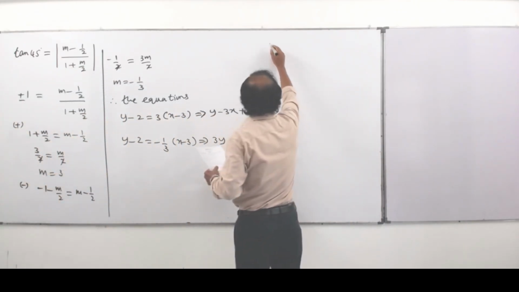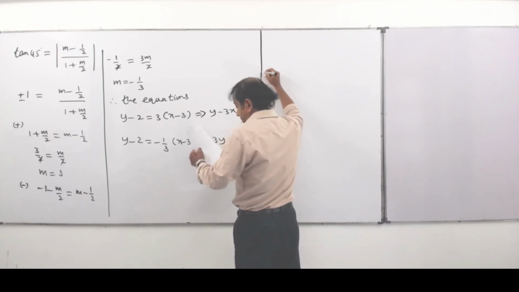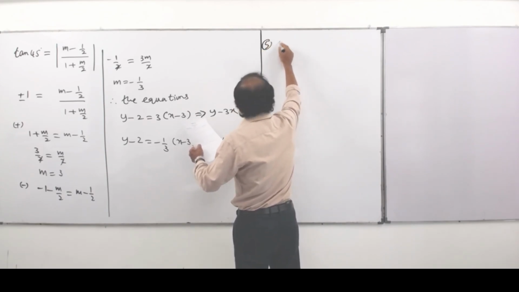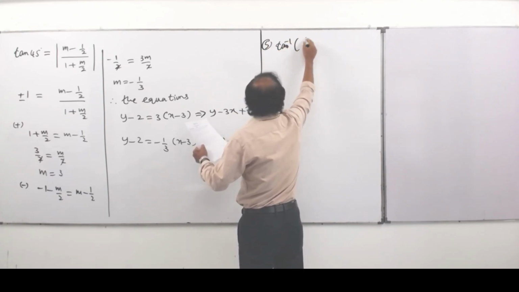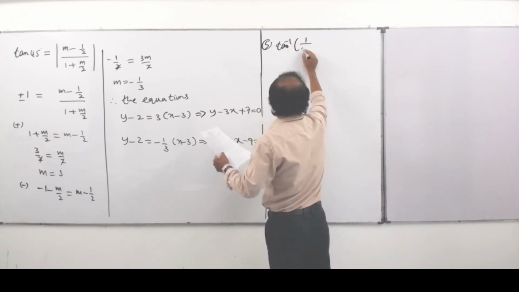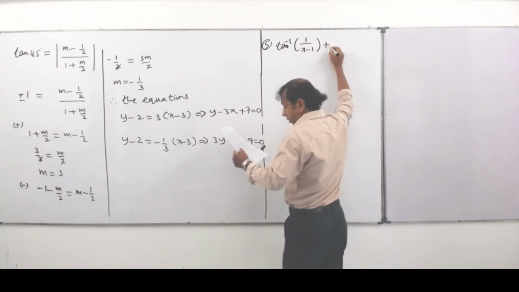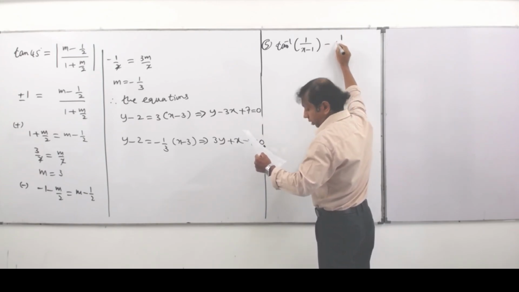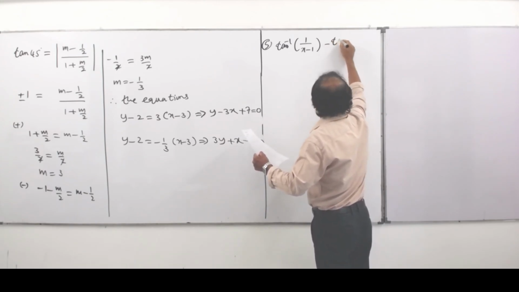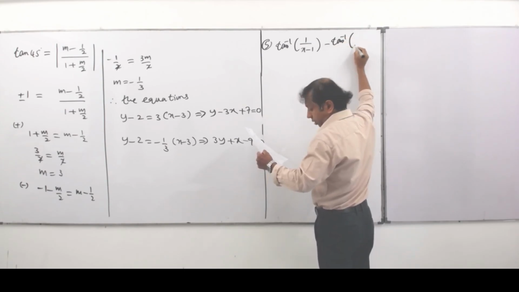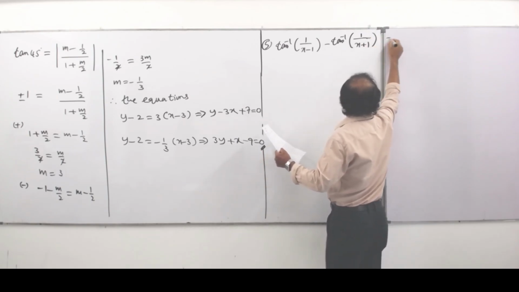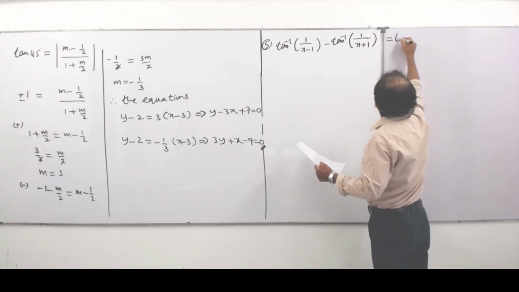Question 5 gives an inverse trigonometric equation: tan inverse of 1 over x minus 1, minus tan inverse of 1 over x plus 1, equal to tan inverse half.